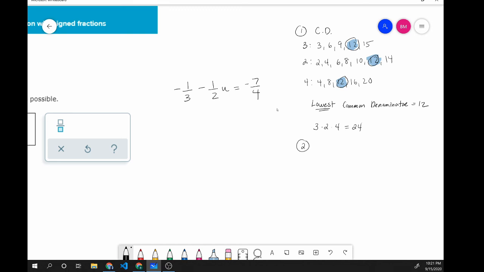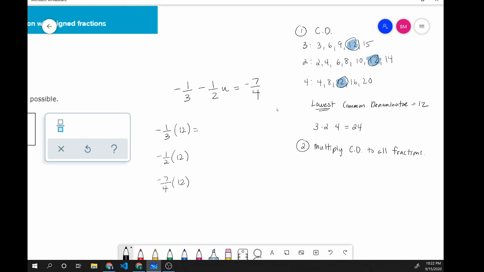Step 2 is to multiply our common denominator, CD, to all fractions. So I'll set that up like here. So I've set up all 3 of them.